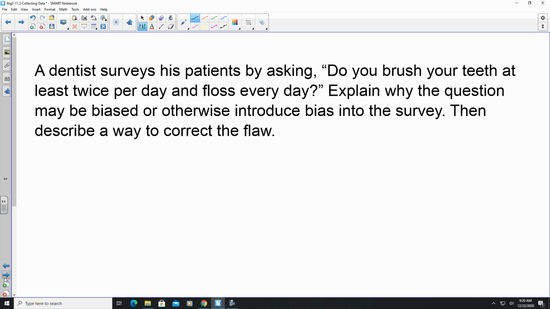More often than not, if you are asked this question by your dentist, most people are going to answer yes, whether it's true or not, because you're being asked by your dentist.